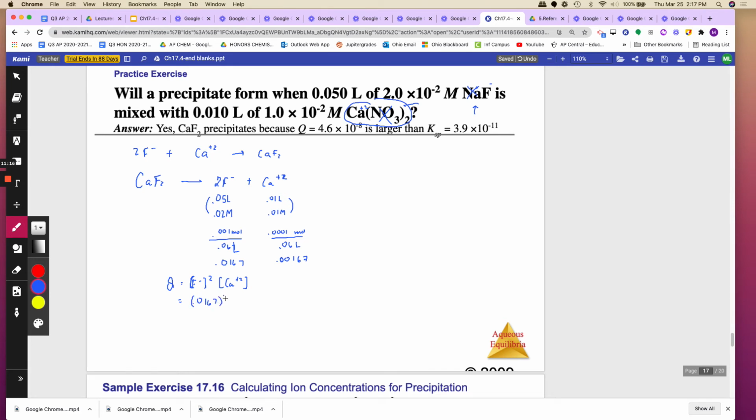Square it, and then times 0.00167 equals 4.6 e negative 7, which is too big compared to 3.9 e negative 11. That means you have too many ions. So that means you will get a precipitate.